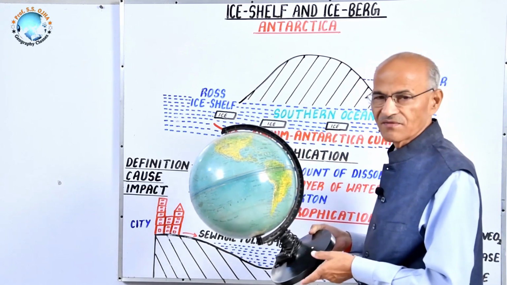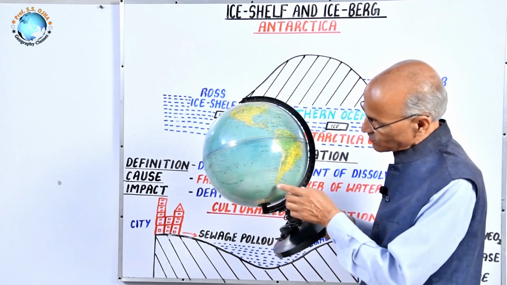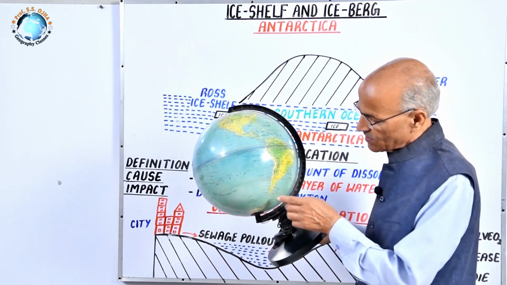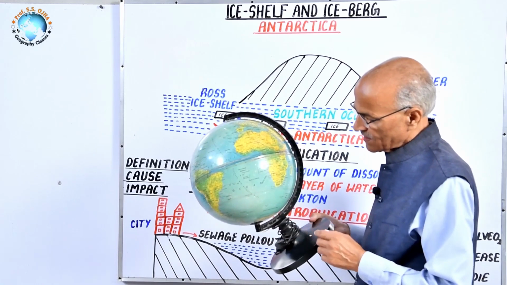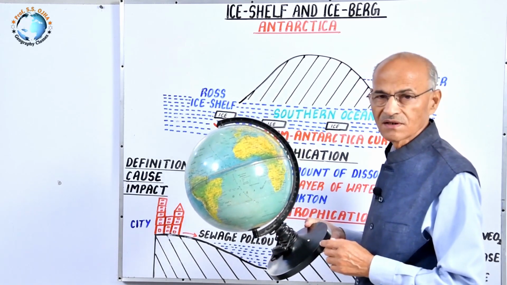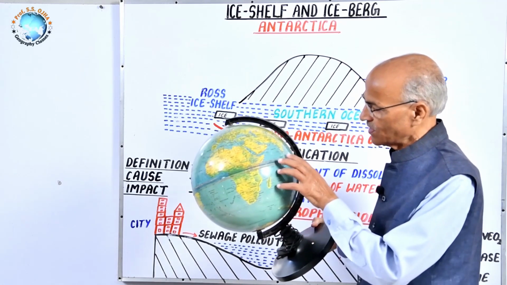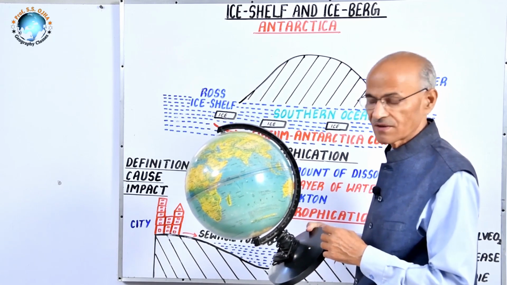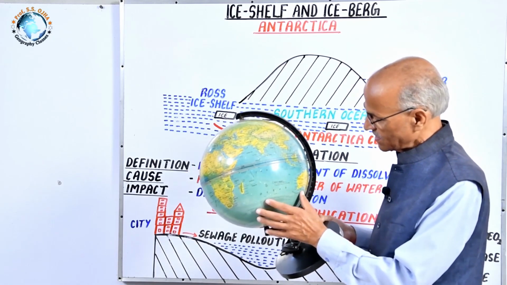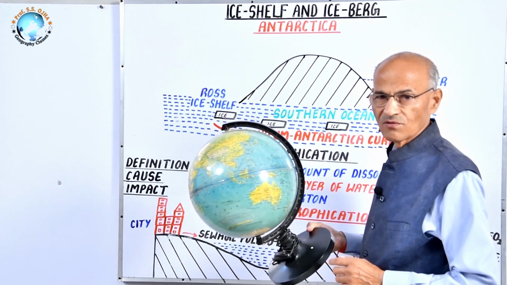That's why a number of capes face southward. For example, in South America, Cape Horn, Cape Froward. In South Africa, Cape Agulhas, Cape of Good Hope. In India, Cape Comorin. And in Australia, Western Cape, Southern Cape. Likewise, Madagascar, New Zealand, all these have capes facing south.